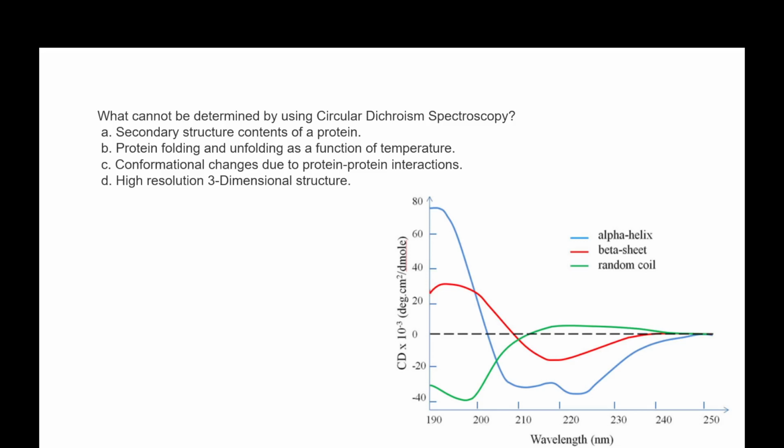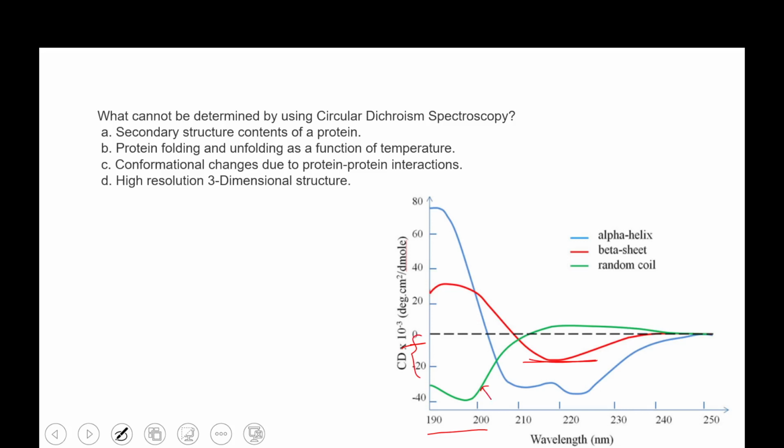Because this graph you can see, CD spectra will give you a graph something like this. Here alpha helix will come in this particular dimension, and then we have the beta sheet which will come in the negative sign in this dimension, and then we have the random coil, this green one.